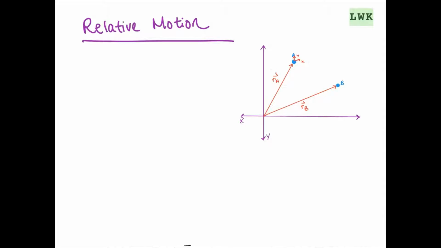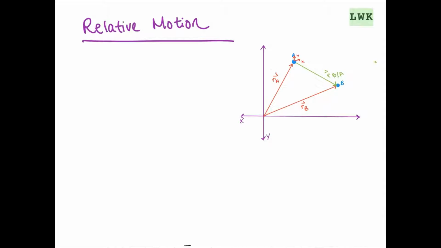So we can measure the position of particle B relative to particle A by using a vector that'll look like this. And we're going to call this vector R B/A.